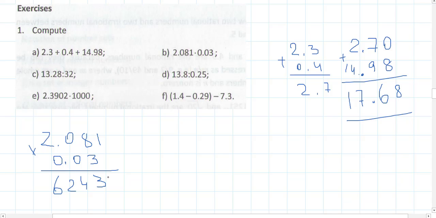So we need to complete 5 digits from the right side. We have just 4, so we need to add one 0 to make 5, and here it will be 0.0. So the answer is 0.06243.